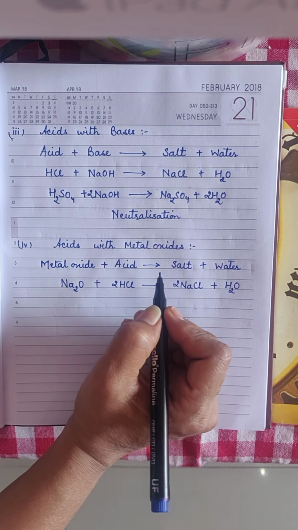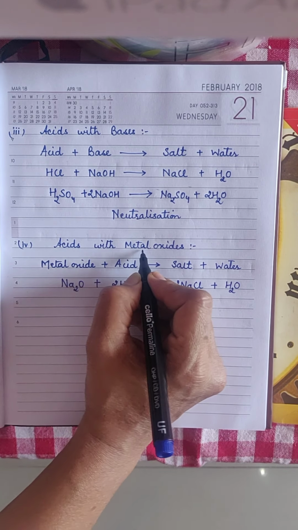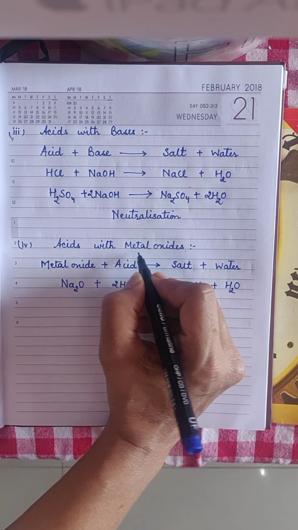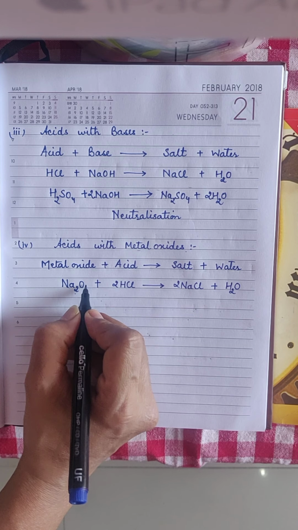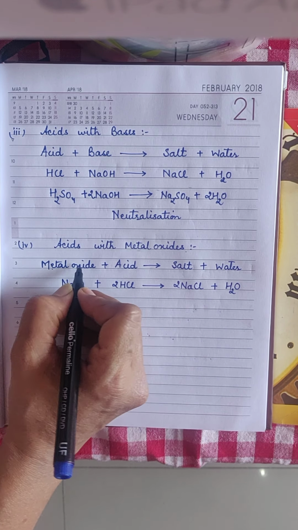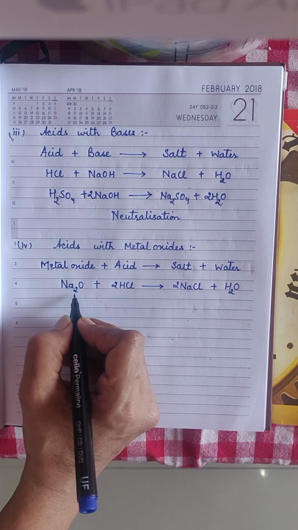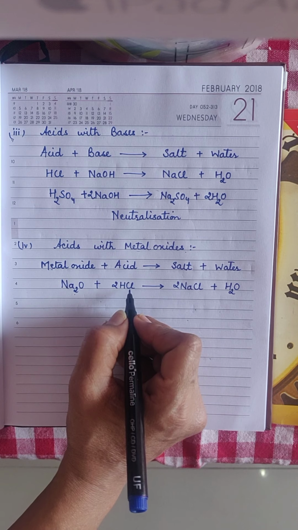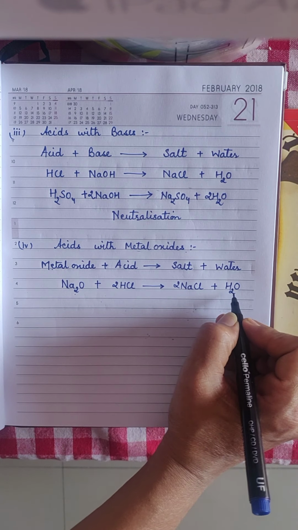Okay. The next reaction is the reaction of acids with metal oxides. Metal oxides such as Na2O: metal sodium, and this is its oxide, sodium oxide. So the general equation is: metal oxide reacts with acid, they form salt and water. Sodium oxide reacts with hydrochloric acid and they form salt, NaCl and water.